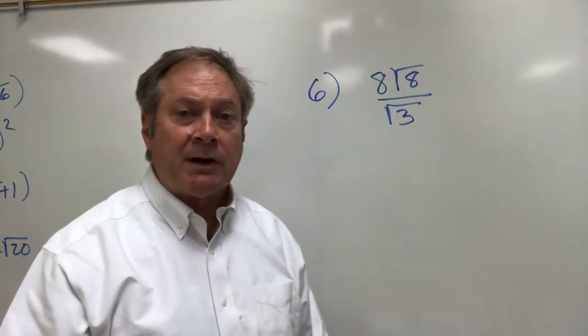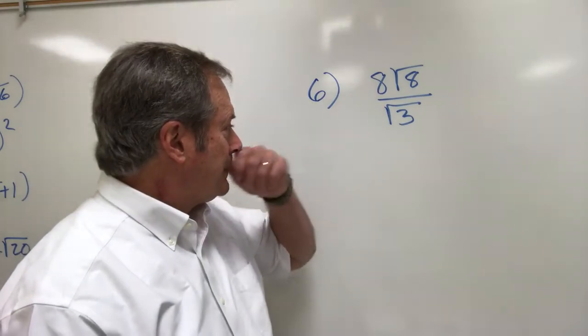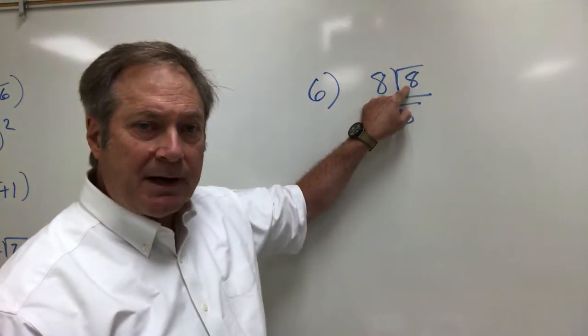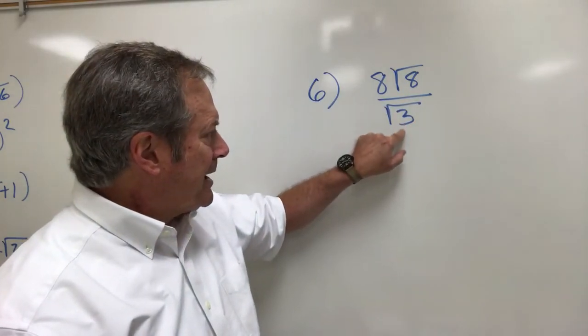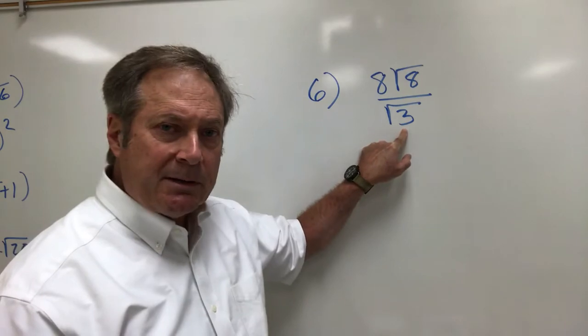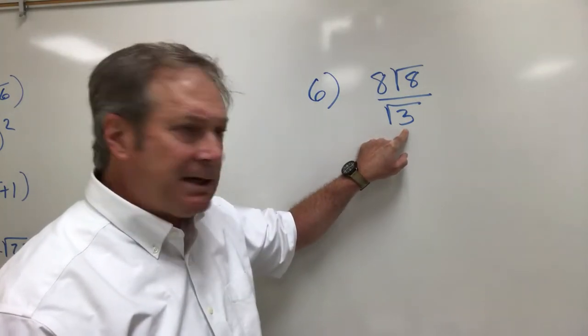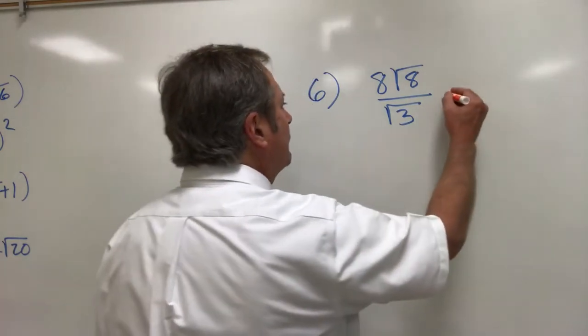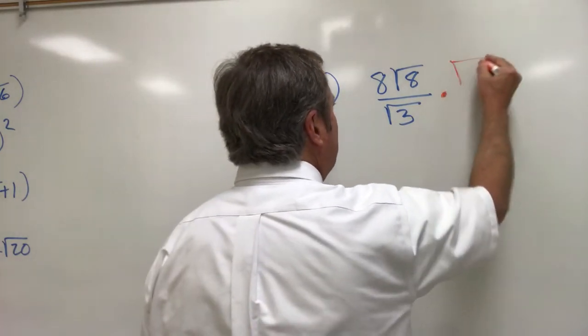Okay, number 6. As I look at this radical fraction, I can see that the 8 can break down further, but I'm going to deal with that square root of 3 that's in the denominator, because you may remember that we can't leave that there. So we have a math trick where we rationalize the denominator.